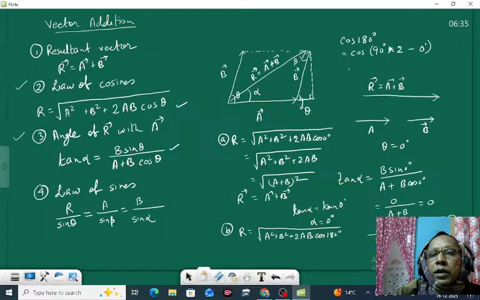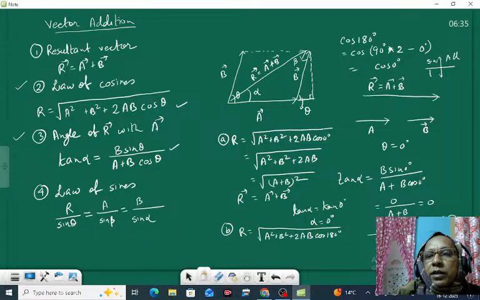Here cos is there, therefore cos 0 will be there. And we know that in the second quadrant, cos is negative, therefore it is minus cos 0, and the value is minus 1.